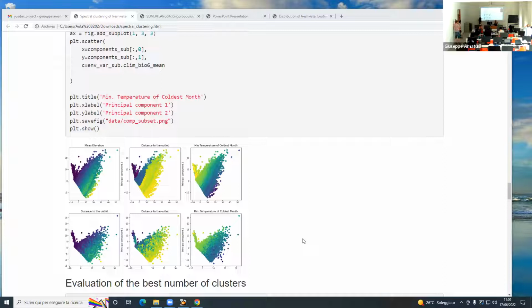Here you have in color the elevation, then distance to the outlet and the minimum temperature, and you can already see some clusters. But the structure doesn't change too much when you're looking at the subset. There are still some clusters visible.